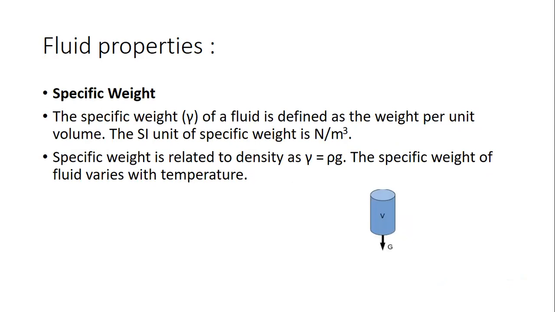And next property, specific weight. This is the ratio of the weight per unit volume of the fluid. The SI unit is given as Newton per meter cube. Specific weight of the fluid changes with respect to the temperature of the fluid.